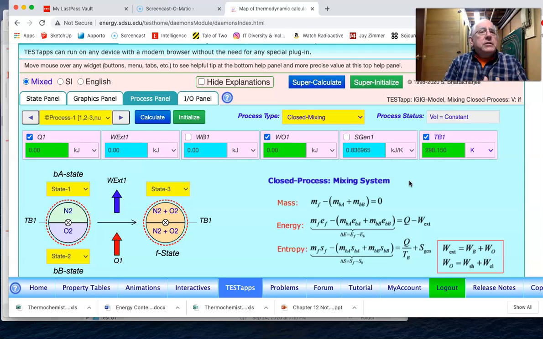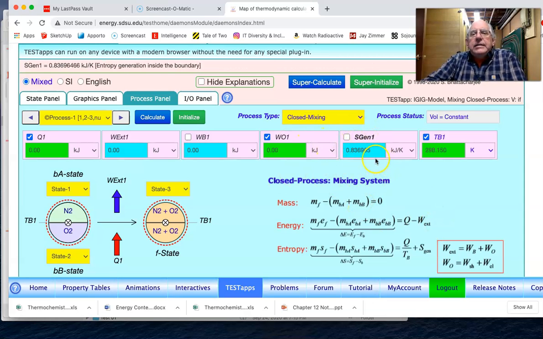And what happens is that each of the two substances feels like there is a lowering in its partial pressure, its fraction of what is there. And so that gives rise to a change in entropy, and we see that as this SGen term.